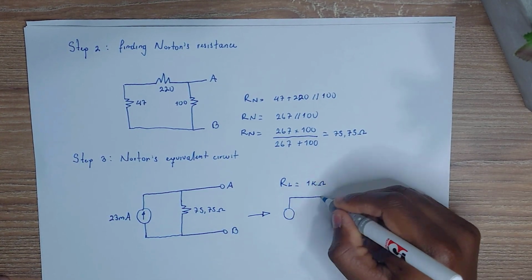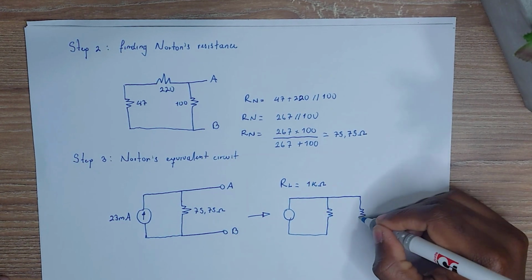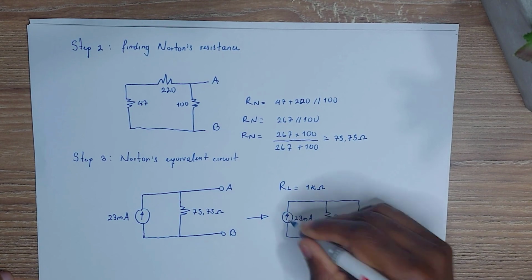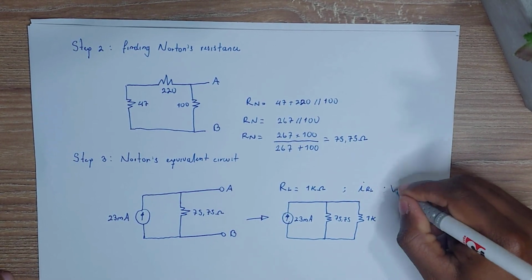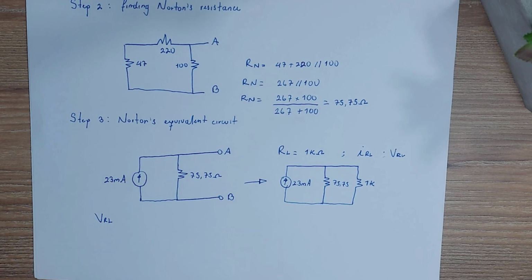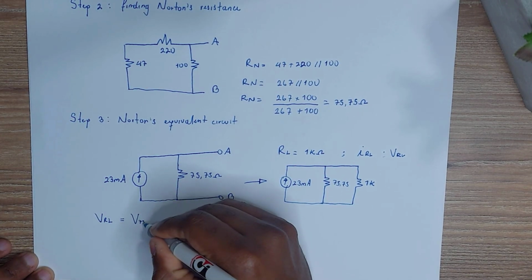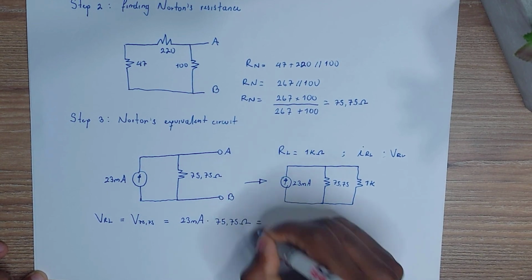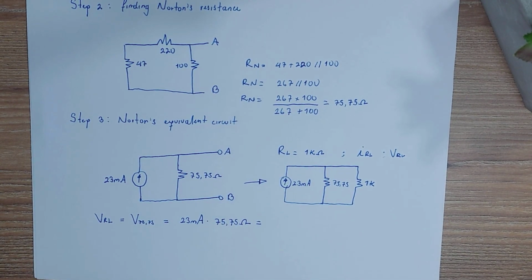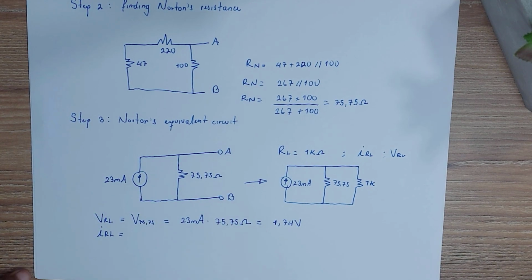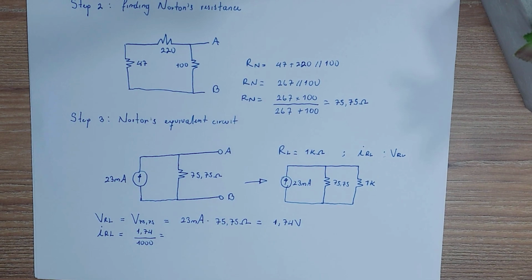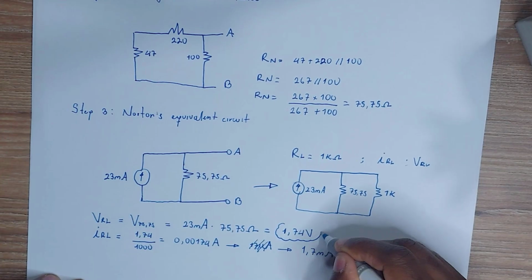The current is 23 milliamps, and the voltage according to Ohm's law is current times resistance. So we have 23 milliamps times 75.75 ohms, and that gives me a voltage of 1.74 volts. And for the current, the current is equal to voltage over resistance. So the current across that resistor in this case is equal to 1.7 milliamps. My bad for that mistake.